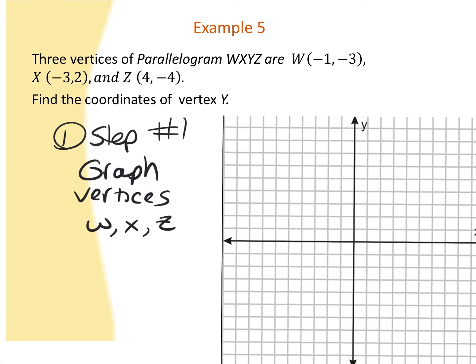So W is -1, -3. X is -3, +2. And Z is +4, -4.